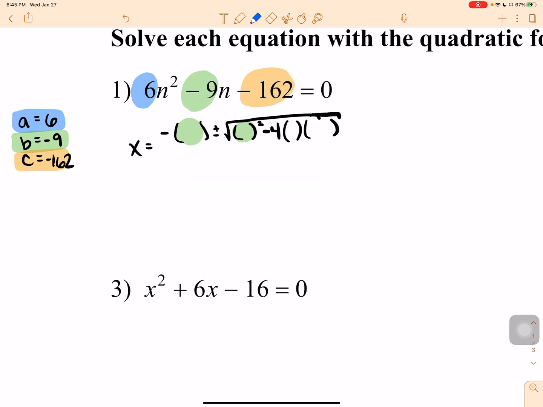I know that my c here is negative 162, so it's going to be a big number. And the entire thing is over 2 times a.